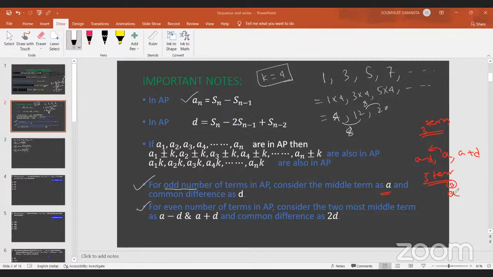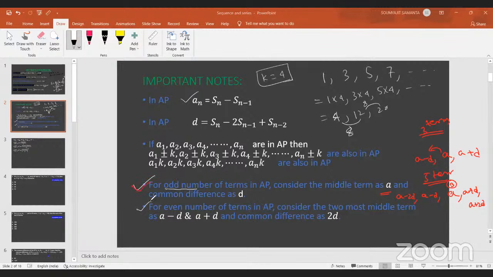So we'll take the third term as A and the common difference is D. So the term before A will become A minus D, the one before that will become A minus 2D, and the term after A will become A plus D and then A plus 2D, because the common difference is D.